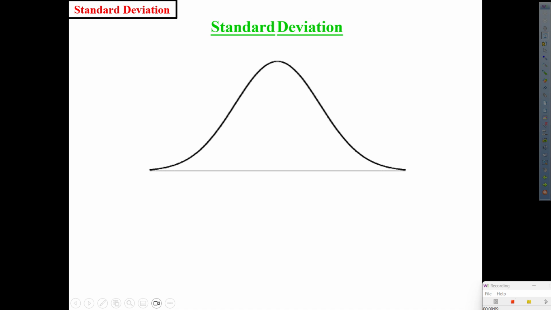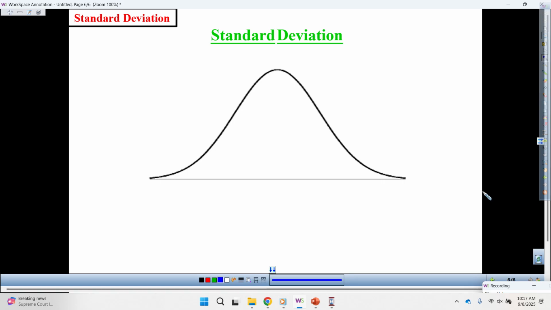Now, why do you think they call it a bell curve? Pretty straightforward, huh? All right, good. With that said, I'm going to show you how to build a bell curve, because we're going to need that to show our standard deviation. Here we go.